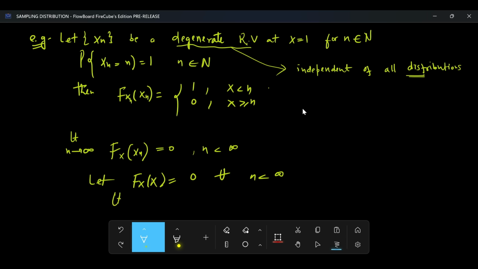Then limit n tending to infinity f of x xn. If this happens, that we let this f of x be equal to 0, then if this condition happens in every question, then we say f of x xn will converge in distribution to f of x.